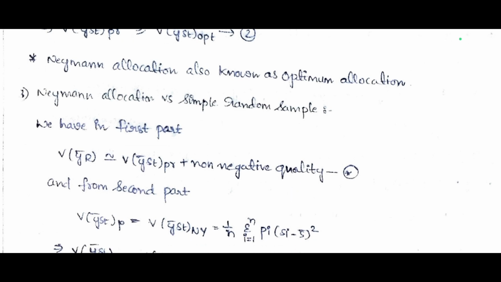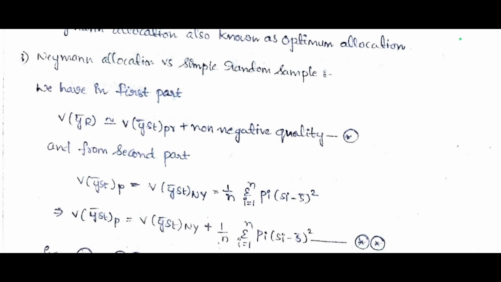Now Neyman allocation versus simple random sampling. This is the last extension of the theorem. In the first part, the variance of y bar of r is approximately equal to the variance of y bar of st with proportionality plus some non-negative quantity. Put it as equation star.